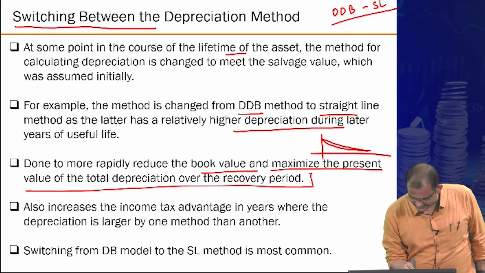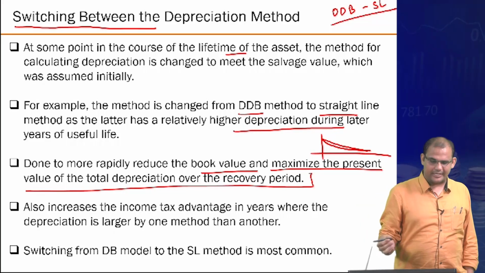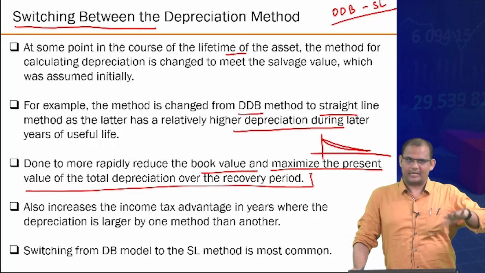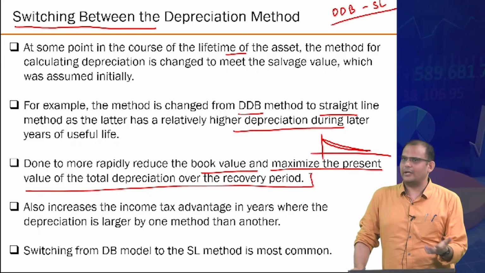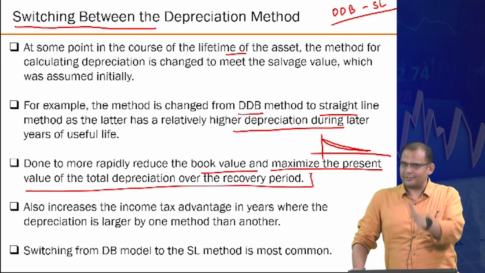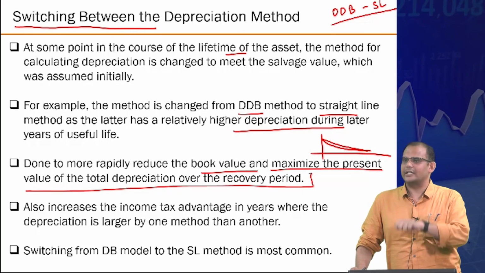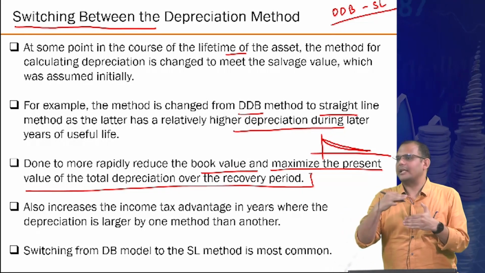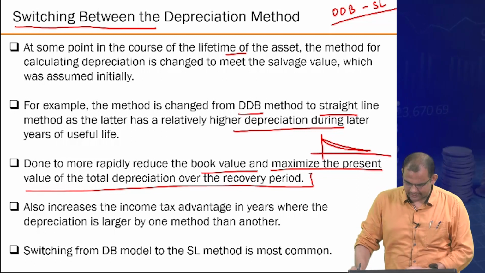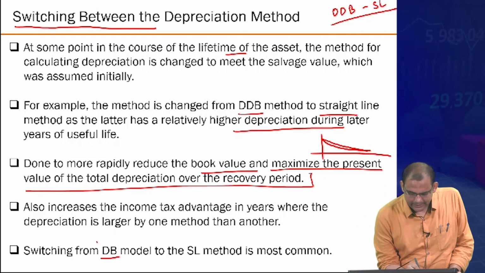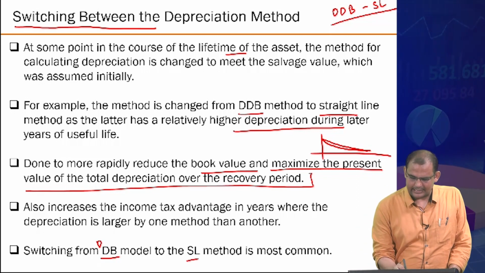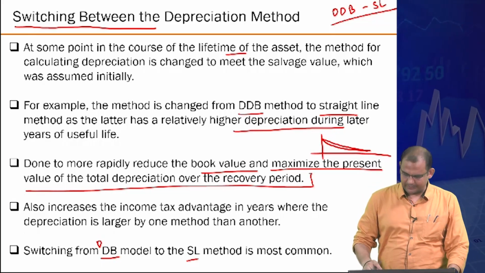Also, it increases the income tax advantages in years where depreciation is larger by one method than the other. And this is allowed. This is not an illegal calculation. These provisions are there so that you can switch and ultimately match the requirements of the law, right? So, switching from DDB, the declining balance, to the SL method is the most common.